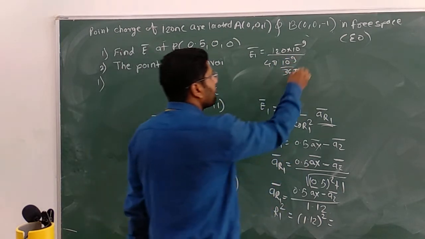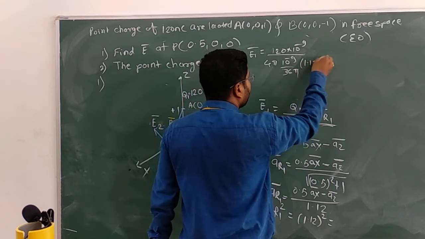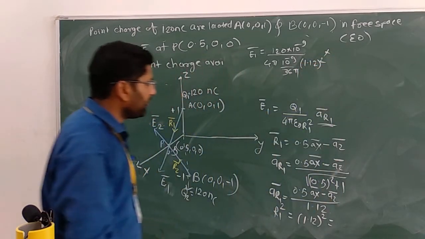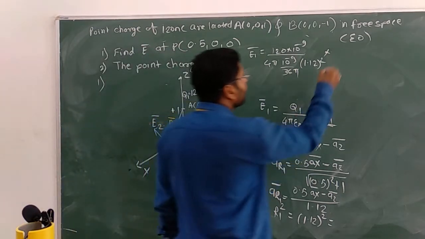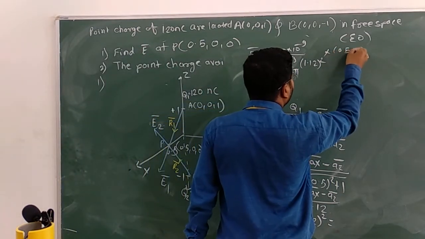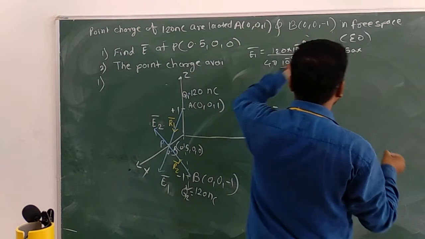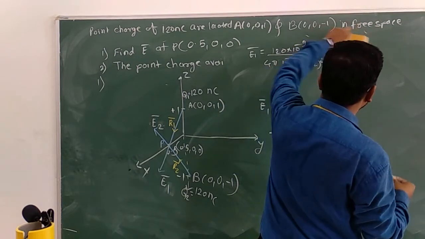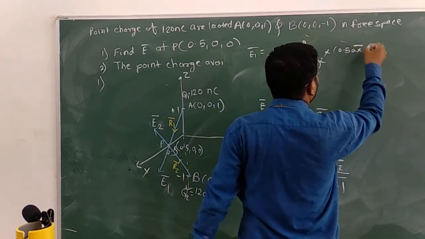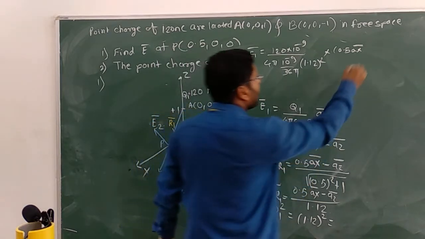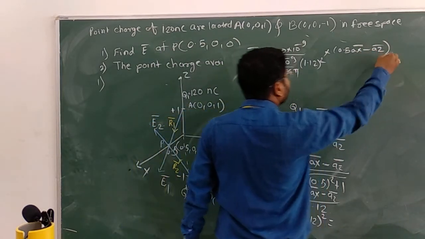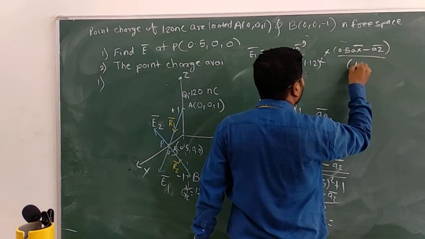R1 square is 1.12 square, into the unit vector 0.5 AX bar minus AZ bar divided by 1.12.